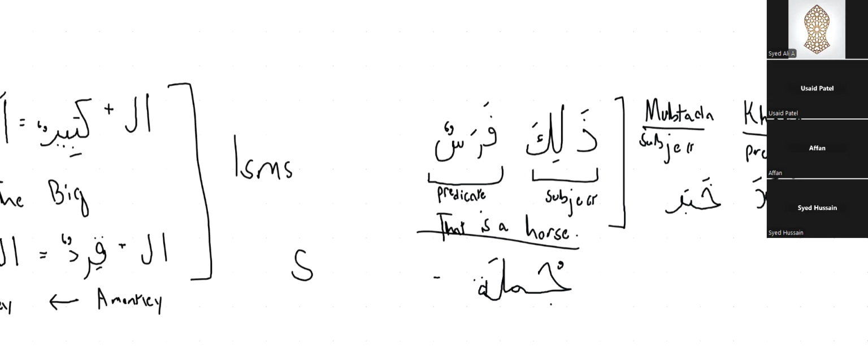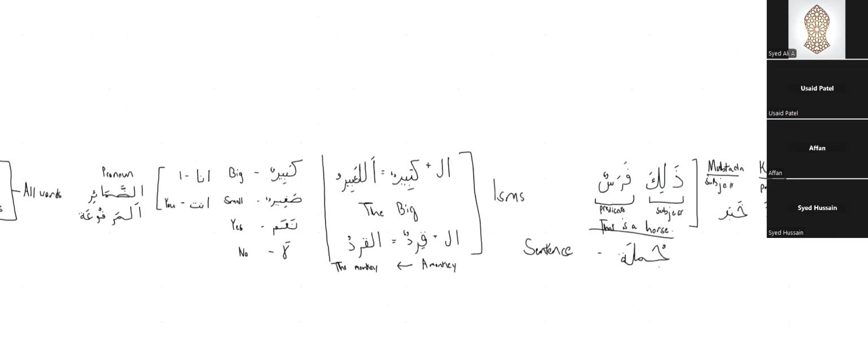There are types of sentences too. Like I said, we'll get into all that in the future. Right now, we're just building up on basic subjects and getting a brief idea of mubtada khabar, jumla, isms, fi'l, harf, and everything else we've covered, and the pronouns, ad-damair al-marfu'a.